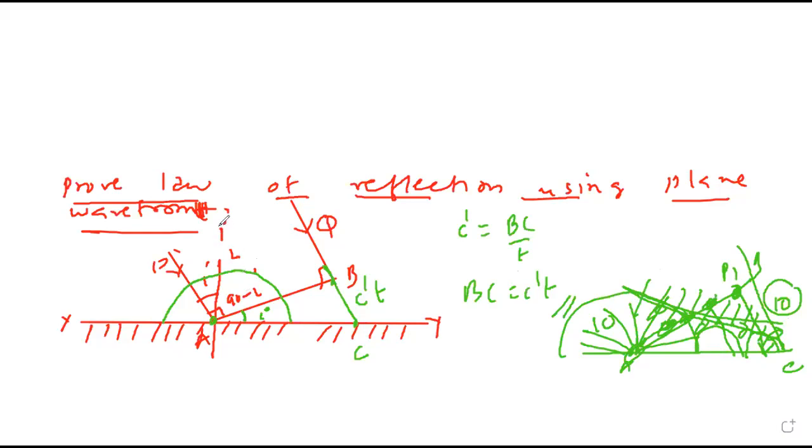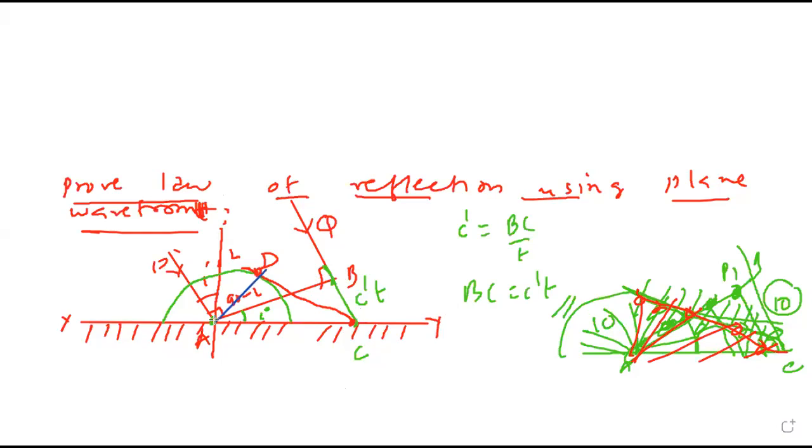If I draw this plane CD, can I say, as explained, that every particle on CD, this is my CD, is nothing but a particle receiving disturbance after reflection? So CD is which ray? It is the reflected plane wavefront.